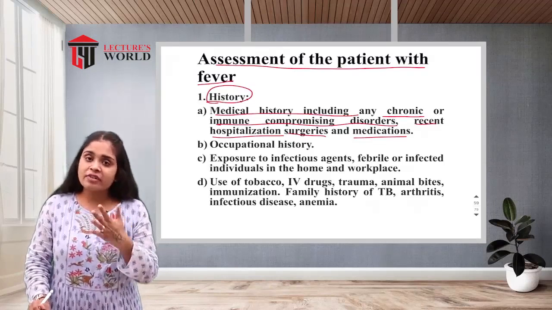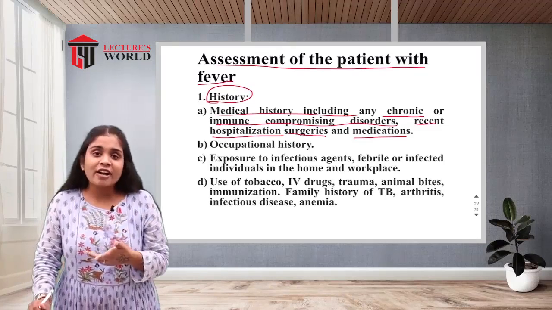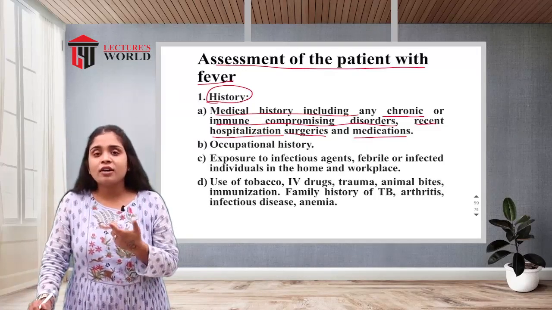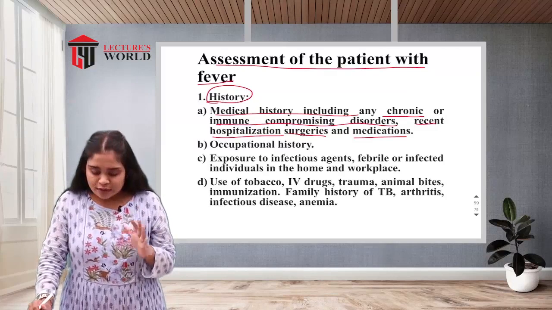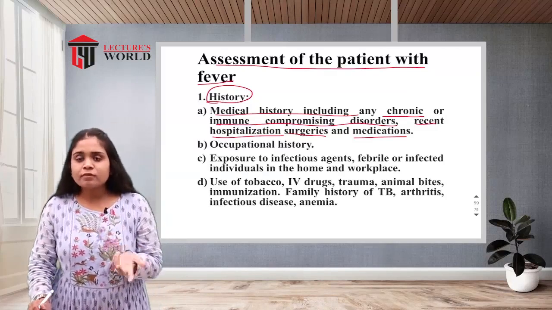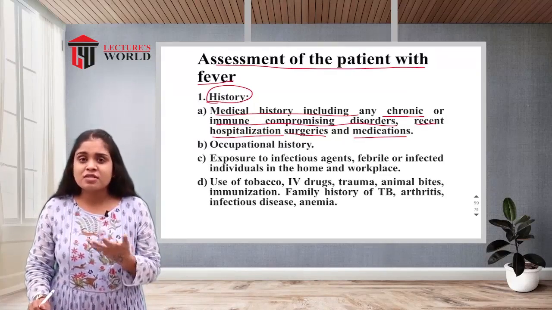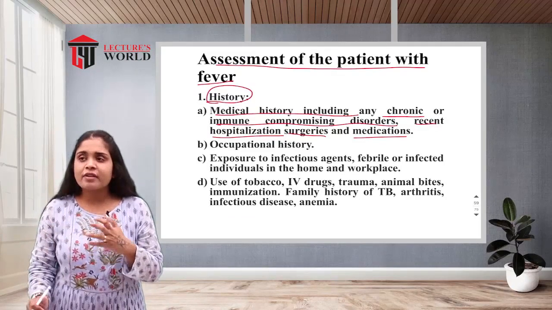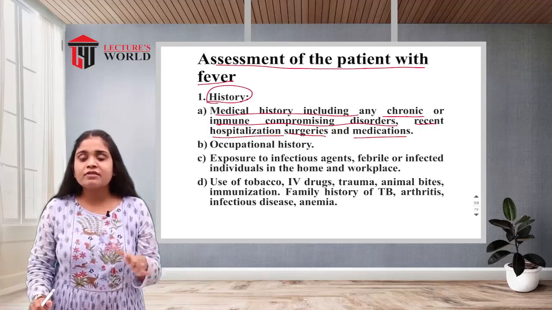Because of infection, as we have seen, if bacteria and viruses enter the body, body temperature is going to rise, right? Then hospitalization. A hospital is a kind of premises where we get a number of infections.